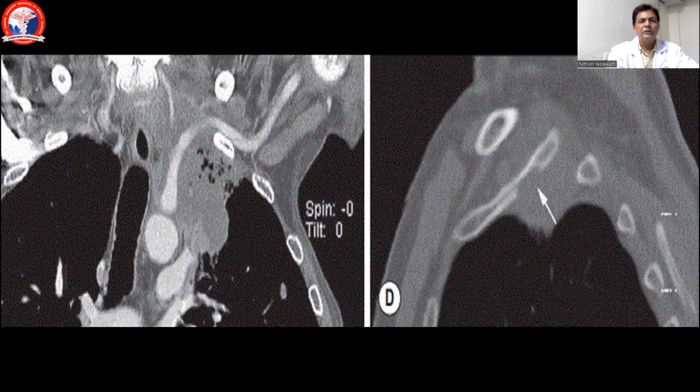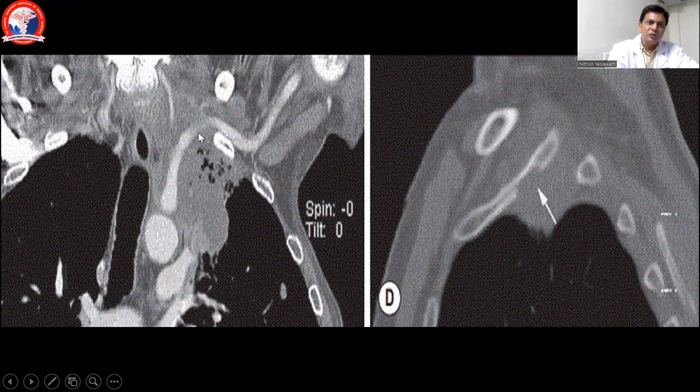This is another image. These are CT scan reformations. First one is contrast CT scan, coronal reformation. Second image is contrast CT scan, parasagittal reformation. What we are getting to see here is the mass. This is again an example of Pancoast tumor. It is almost invading the left subclavian vein and the left subclavian artery.